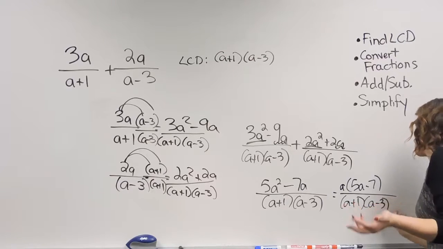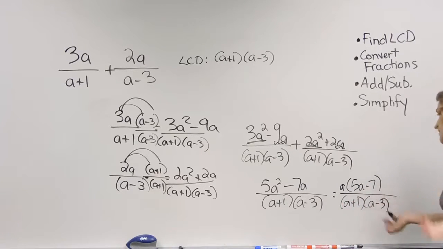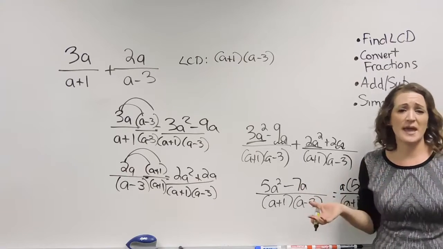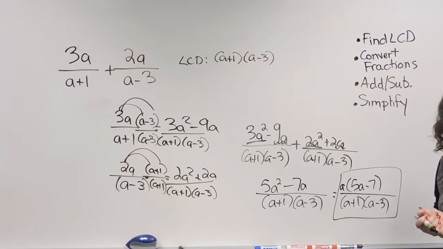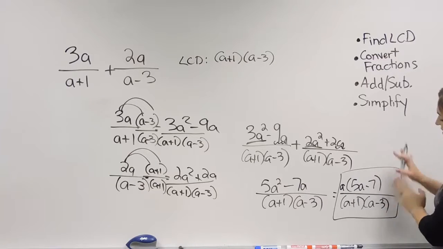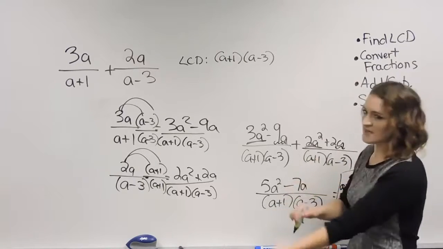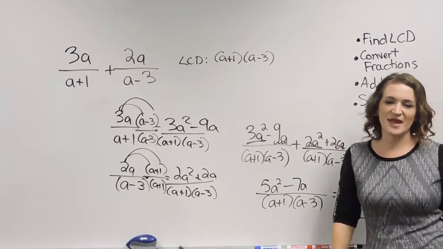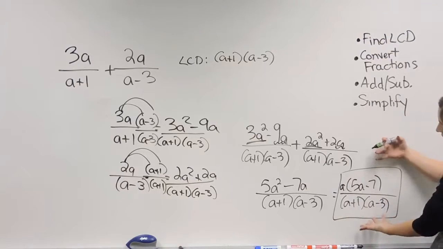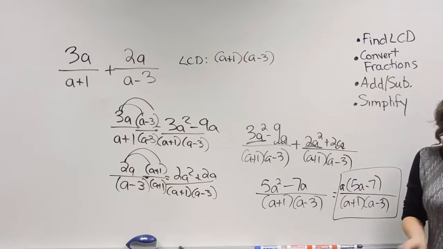It does not let me cancel with anything in the denominator. So I was able to factor the numerator, but nothing cancels. But they consider that a little more simplified than this. If it can be factored, you need to do so regardless of whether something cancels or not. So this would actually be our final answer for this problem.